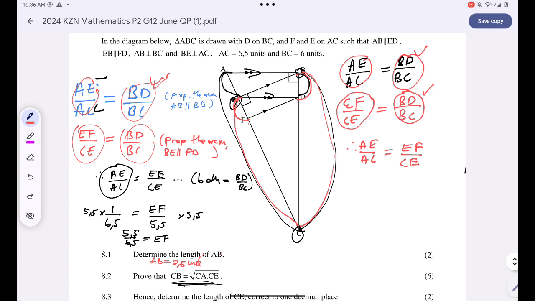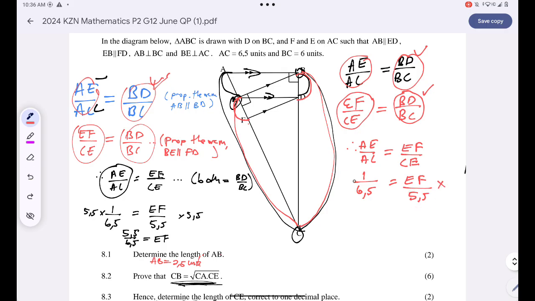So I know the length of AE, I calculated it to be 1. AC was given as 6.5. I did calculate CE to be equal to 5.5. The only unknown I have is EF. For me to find the length of EF, I just need to remove that denominator over there.